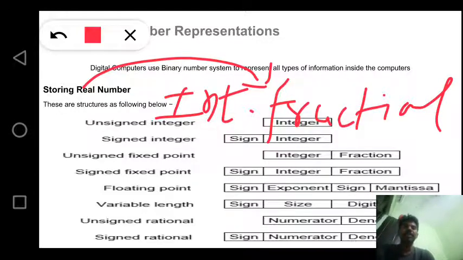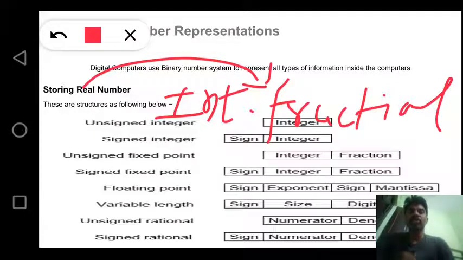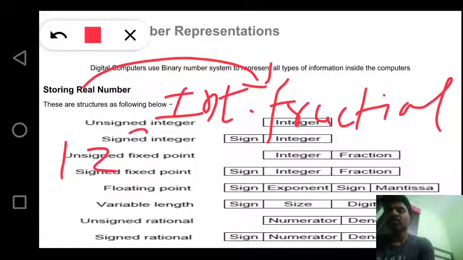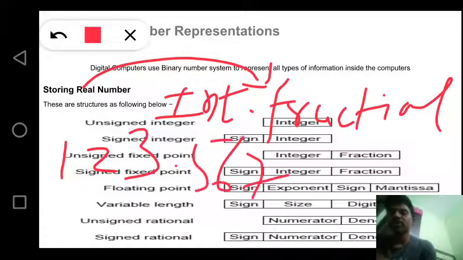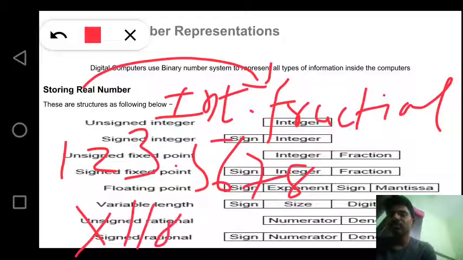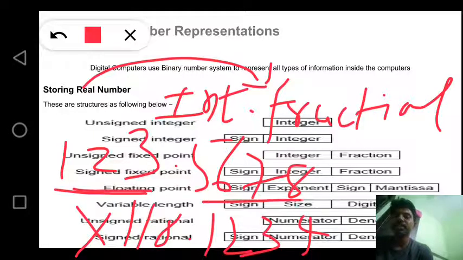Because when you deal with real numbers or floating point numbers, you may have to do complex arithmetic, since they contain both integer and fractional parts. Let's take a simple example: 123.5678 multiplied by 110.1234. This is complex arithmetic because the first number is a real number, and the second one is also a real number, containing integer and fractional parts.